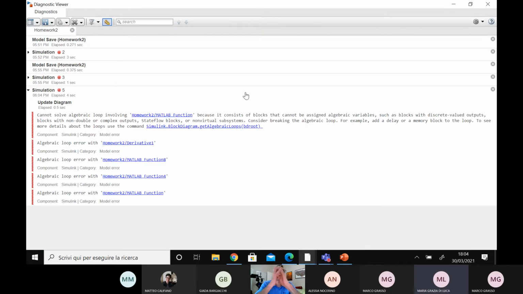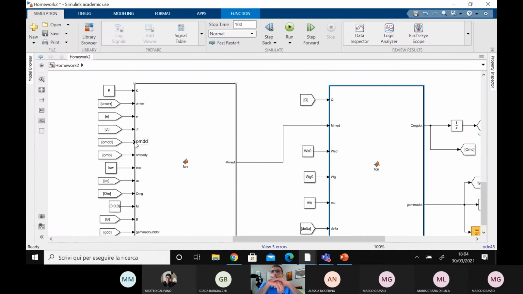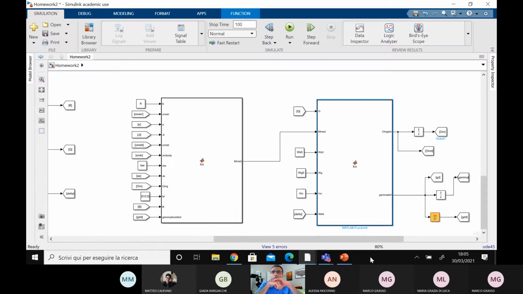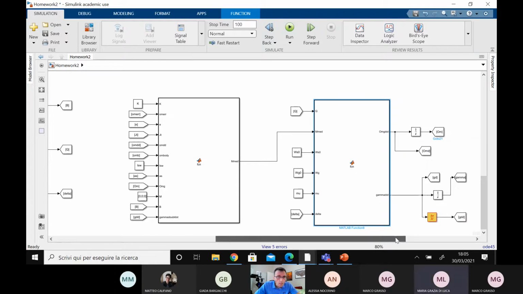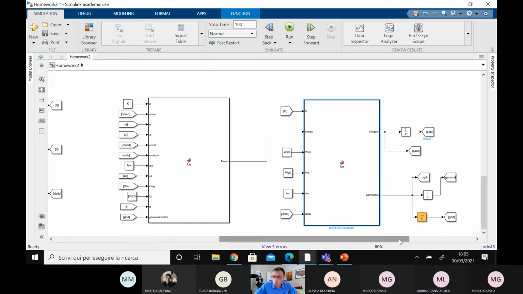Okay, so then there is an algebraic loop, derivative 1. Let's see what's happening to derivative 1. Let's go there. You may need... see how I've done that.